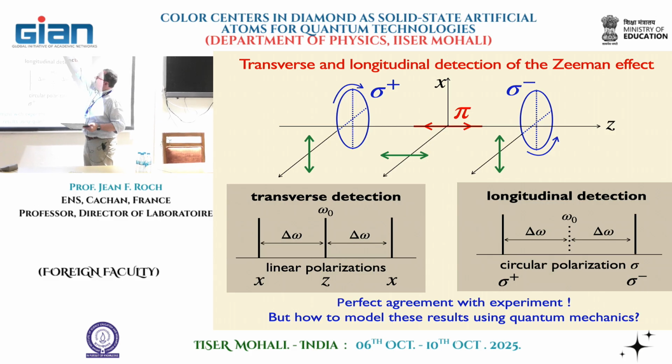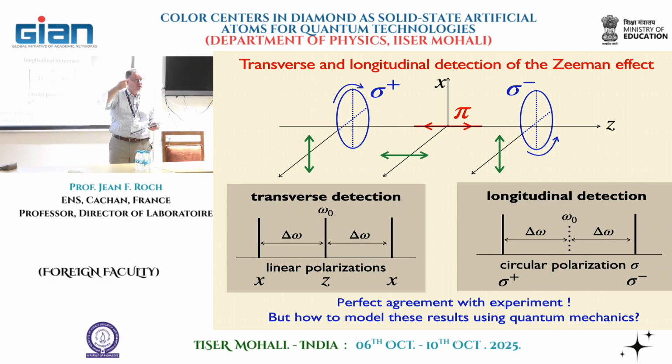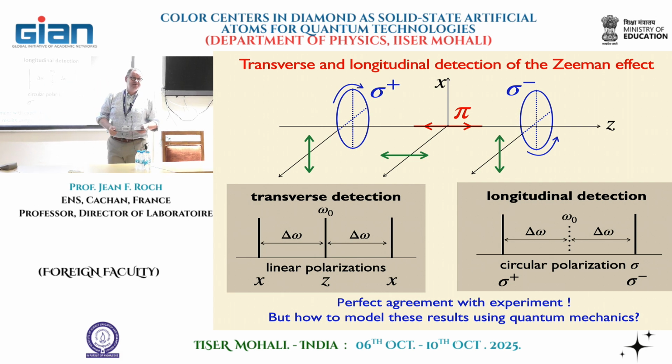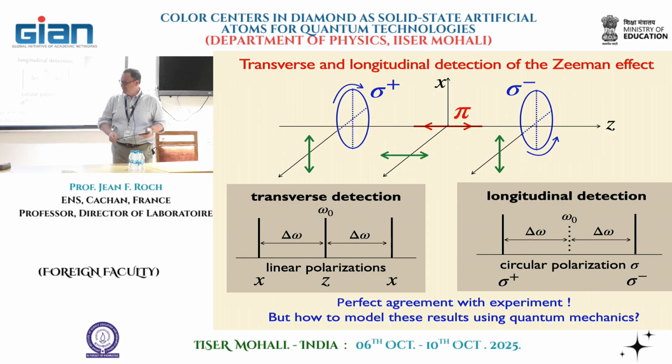There will be only two circular polarizations, sigma plus and sigma minus, and those are separated in frequency by delta omega, with delta omega, as a reminder, being the electric charge times the magnetic field over 2m.